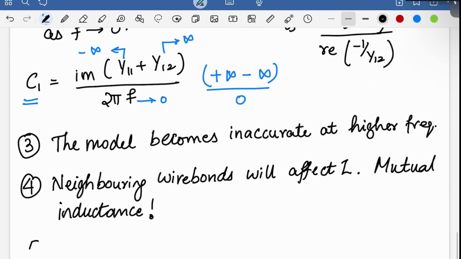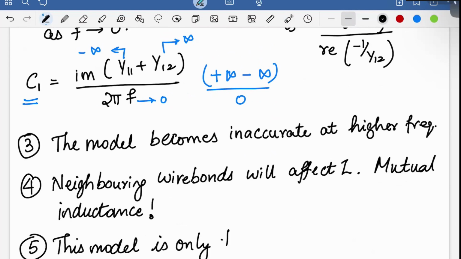Okay. And the last thing I should mention is that this model is only to extract L. Okay, it doesn't have to be a faithful representation of the actual circuit that you have.